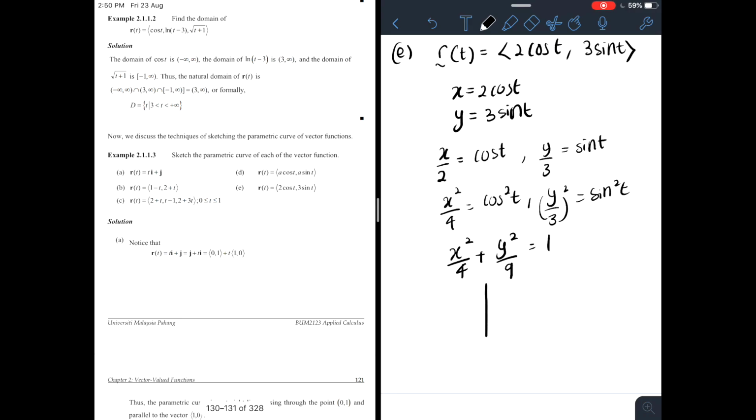So I will sketch my ellipse. Again, since x is equal to some cosine function, you will end up having an anti-clockwise direction. So that's how you solve this question.